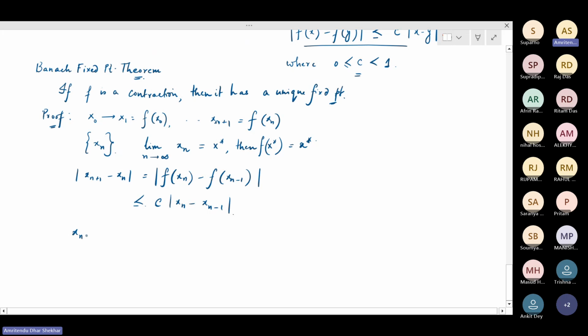So you get that the modulus of x of n plus r minus x of n plus r minus 1 is less than or equal to c raised to the power r times the modulus of xn minus xn minus 1. In general, xn minus xn minus 1 is less than or equal to something like c to the power n times x1 minus x2.